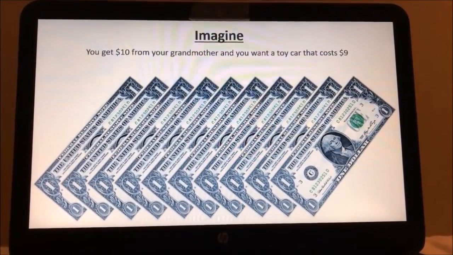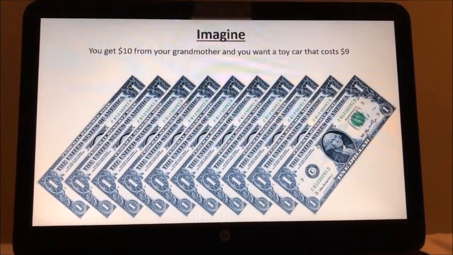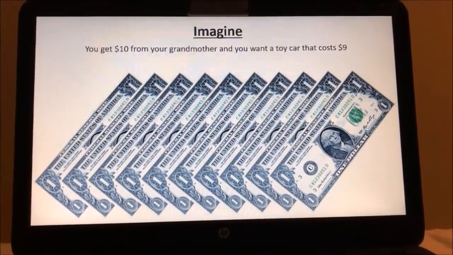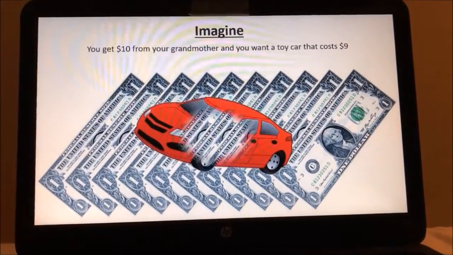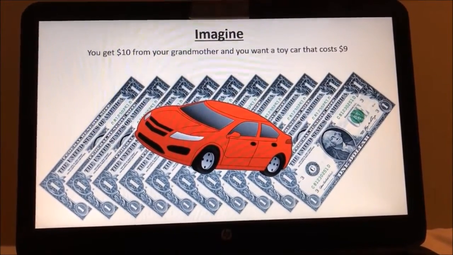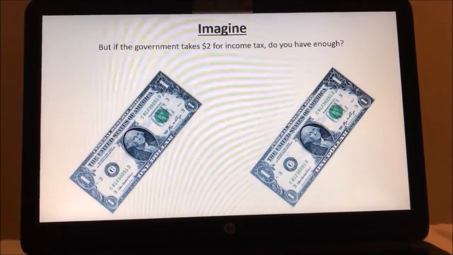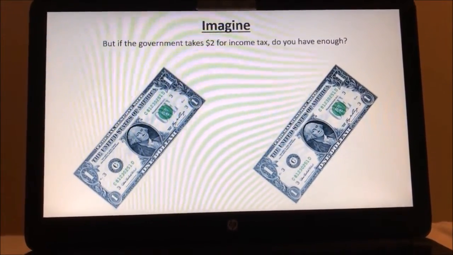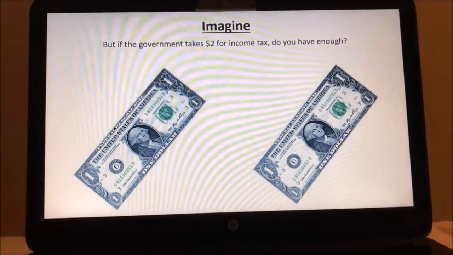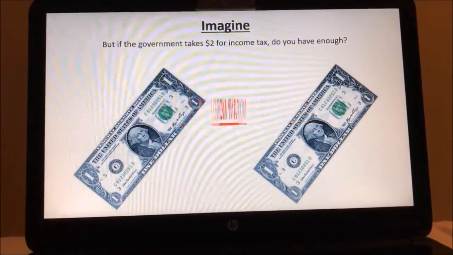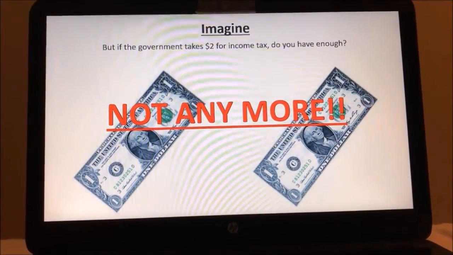Now, another example. Imagine you get $10 from your grandmother and you want to buy that same toy car that costs $9. There's that toy car that you really want. Well, if there's income tax and the government takes $2, do you have enough? Not anymore. You only have $8.